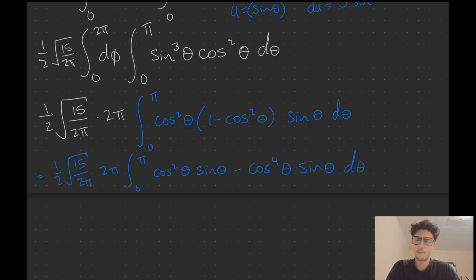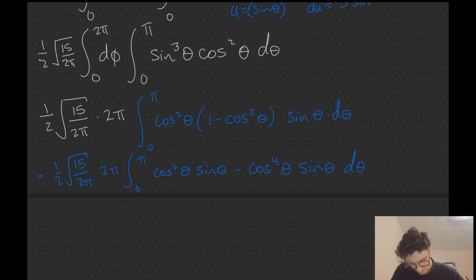And the answers to these look simple, but I guess it's because u is equal to cosine. Alright, I guess that makes sense.